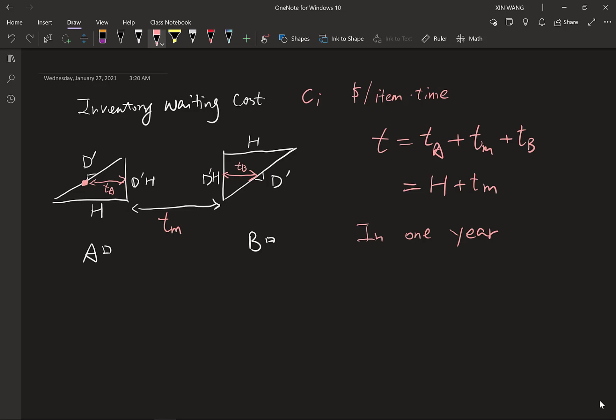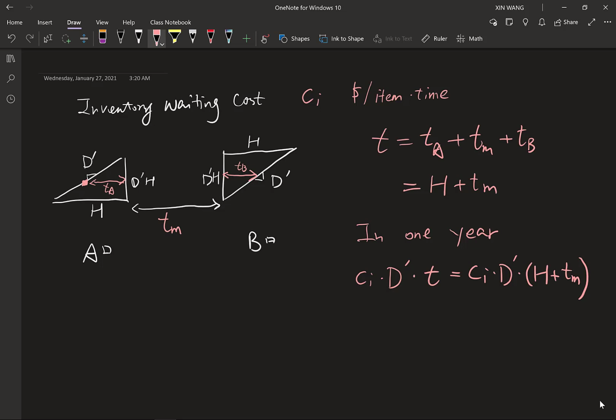So we have D prime, the total items is D prime, and then the total time spent for each item is T, and then times the unit cost. That is the inventory waiting cost per year.